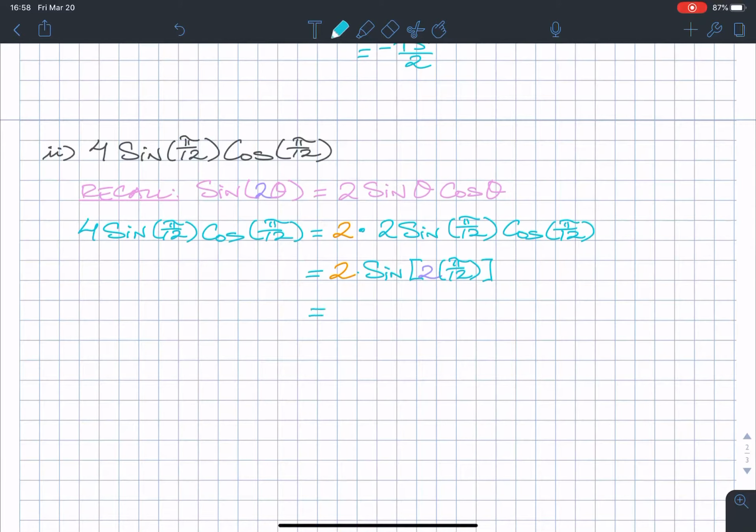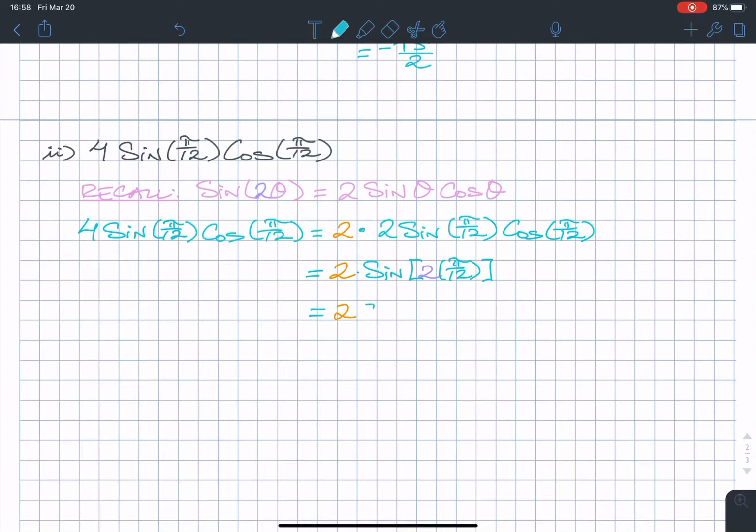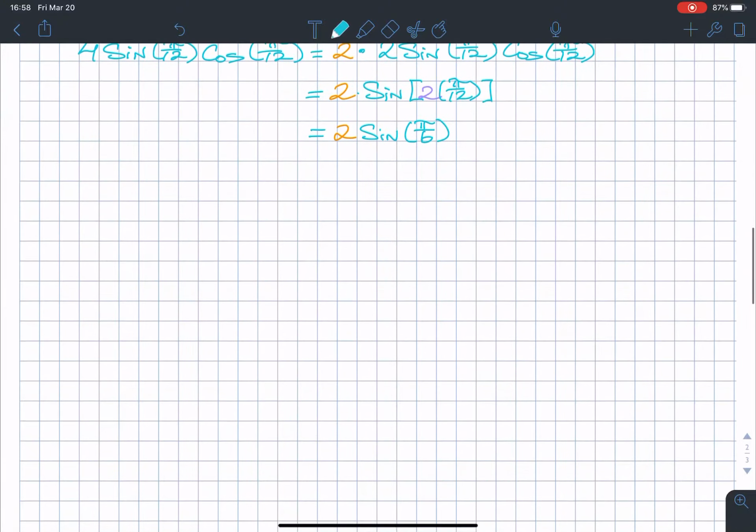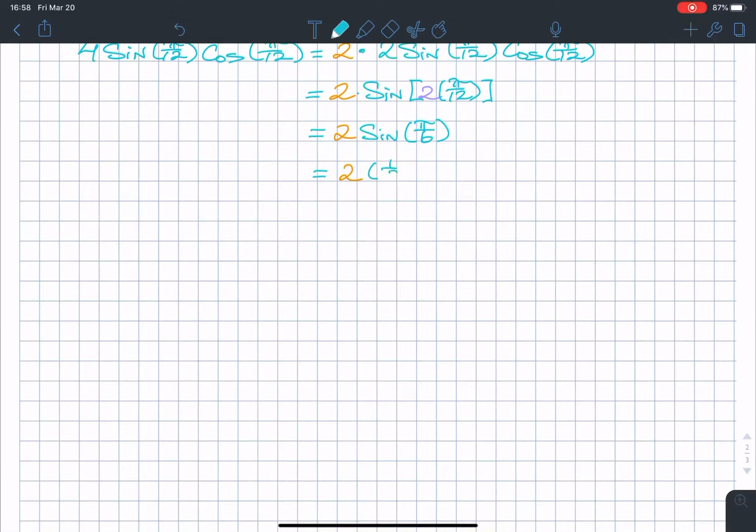And I know that 2 goes into 12 6 times, so this becomes 2 times sine of pi over 6. So pi over 6 is a 30-degree reference angle, which means that this is 2 times 1/2, the y-coordinate. So finally, I get 1.